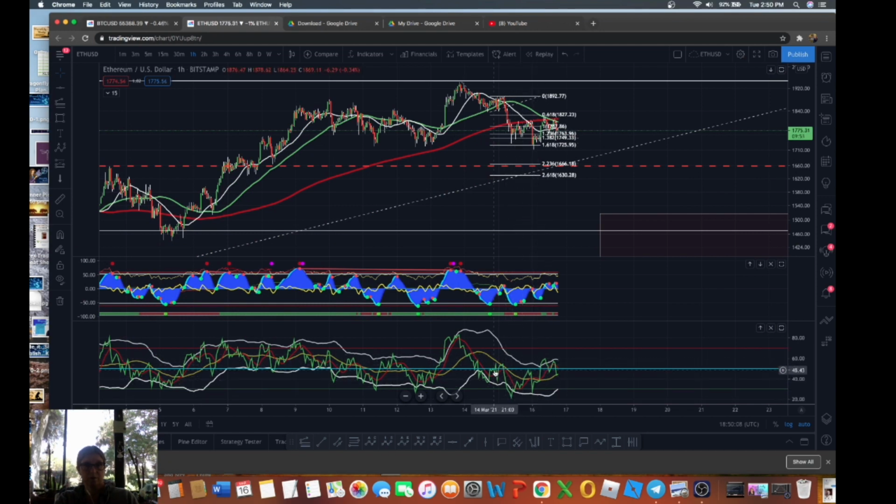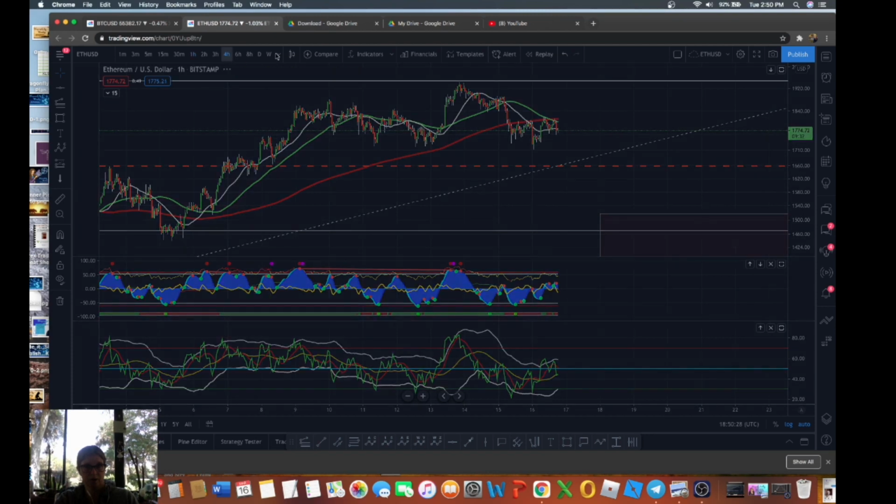Same thing, bearish divergence between this point and this point, which leads me to believe that we might come on down here and finish this 5th wave. I hope that I made that clear enough and easy enough for you to understand.